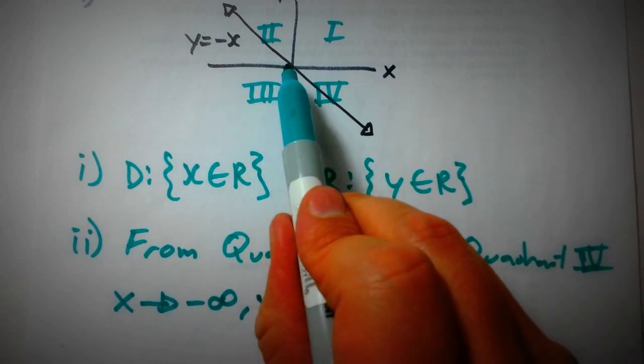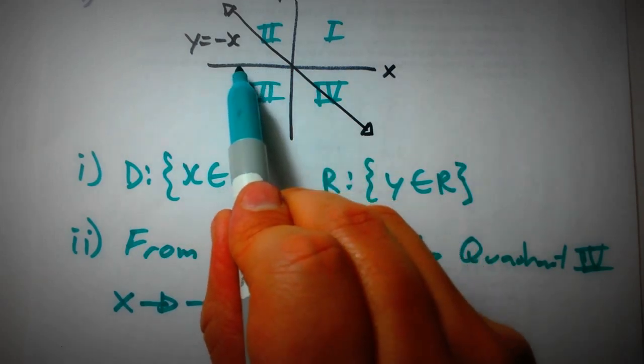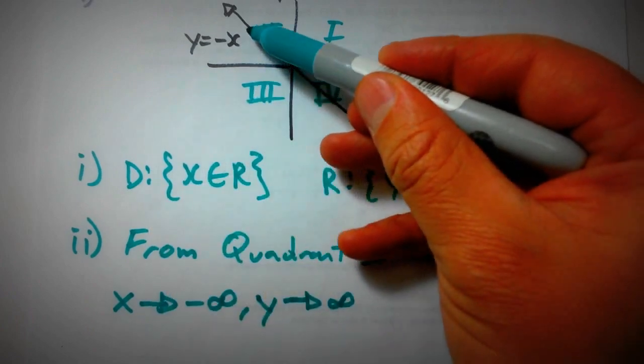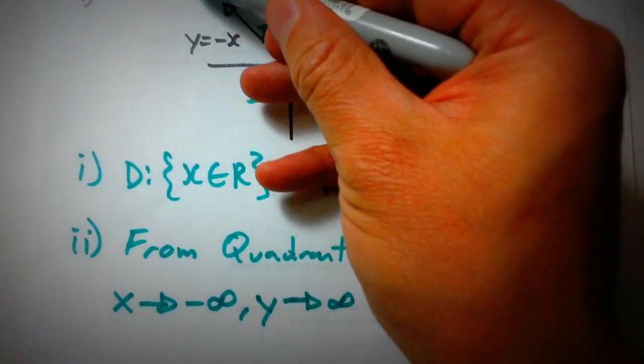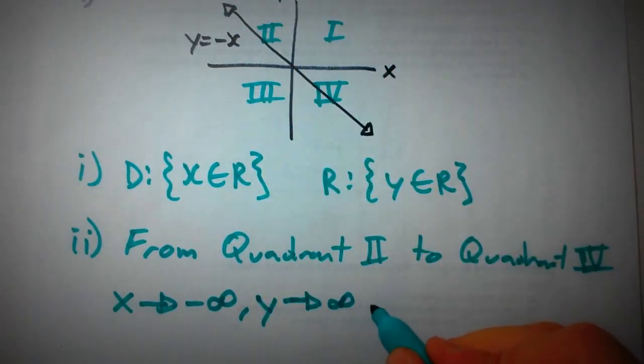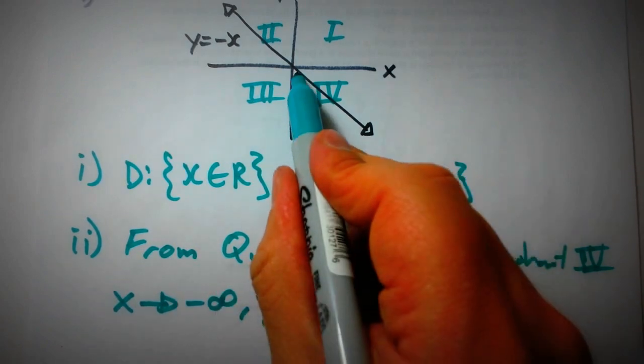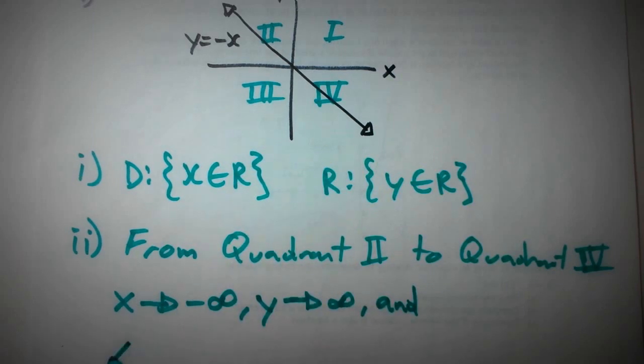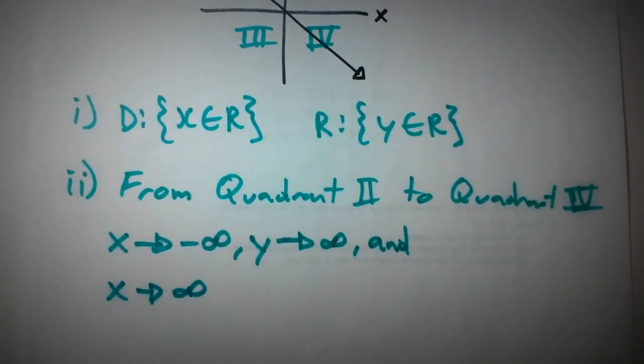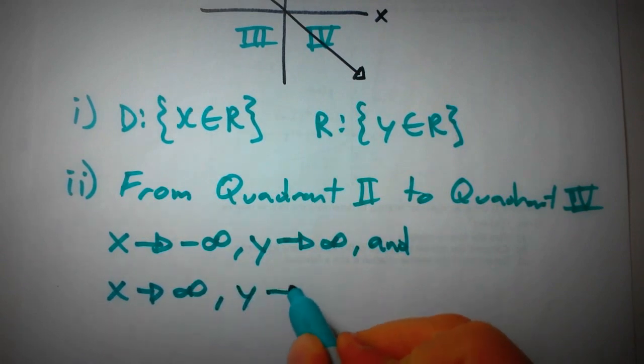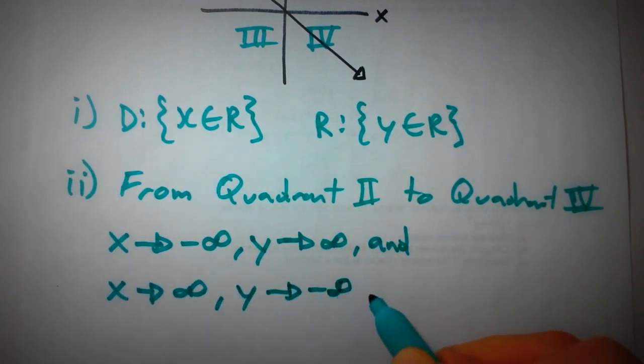If you look at the values of x, and keep on going all the way to negative infinity, we can see that the y value is approaching positive infinity. And we can also say that as x approaches positive infinity, y approaches negative infinity.